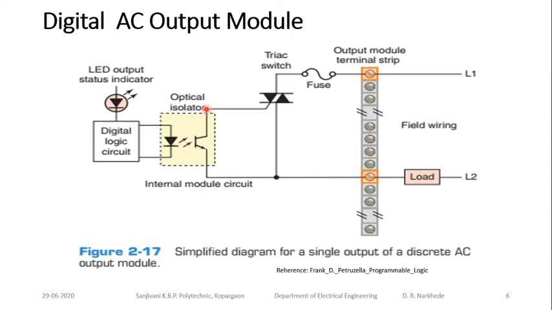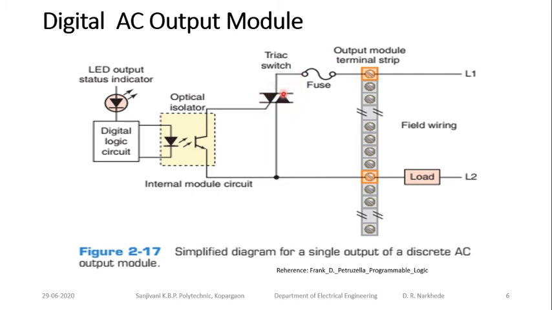So when the phototransistor is on, the gate pulse is provided to the triac and the triac starts conducting. The triac is connected to one phase terminal of the AC supply through a fuse, so it allows the current. This triac acts as a switch.